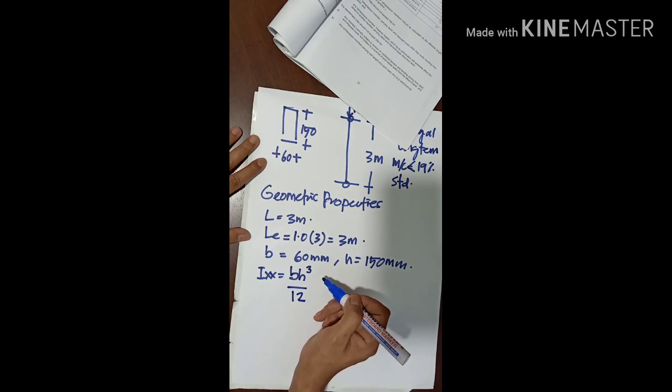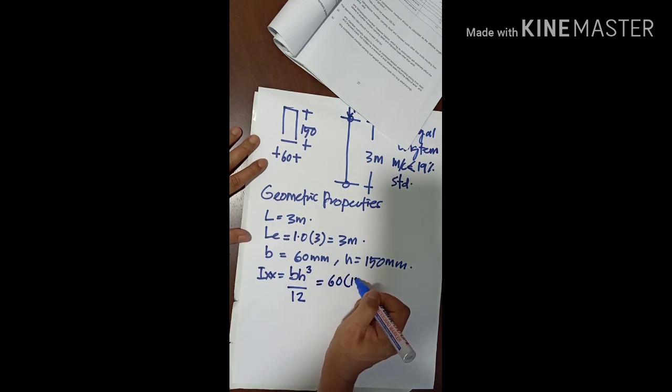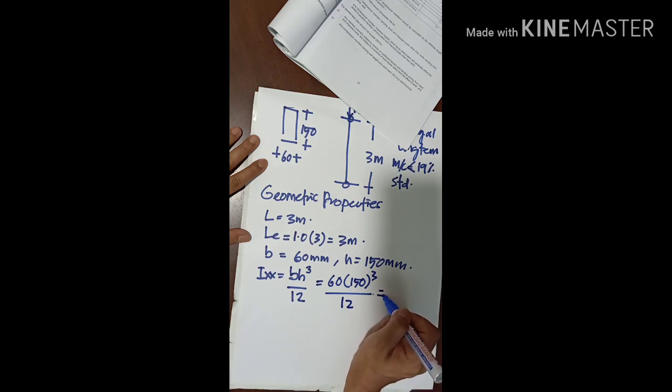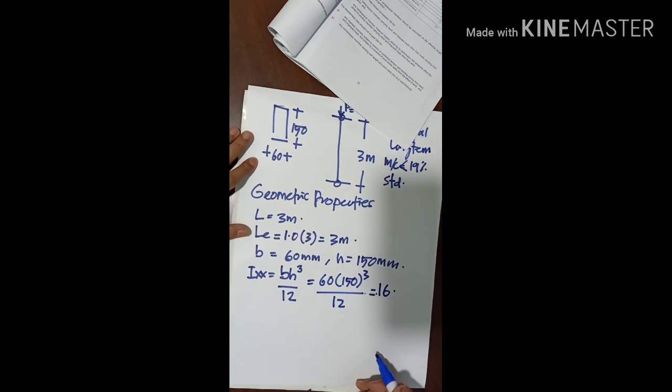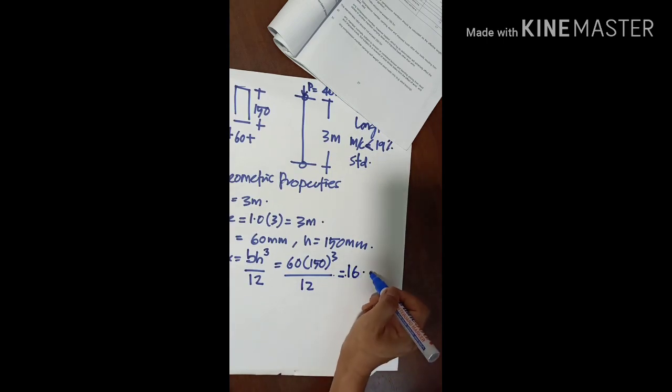Which gives us 60 times 150 to the power of 3 divided by 12, and we get a value of 16.87 to the power of 6.